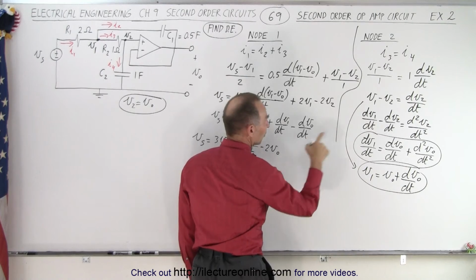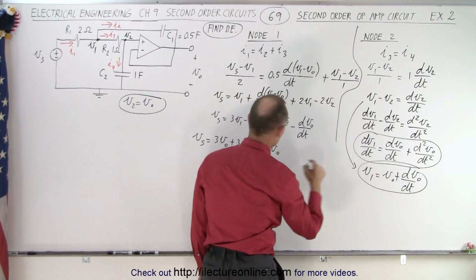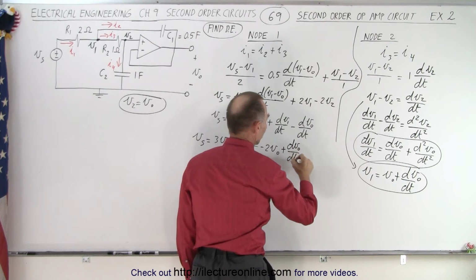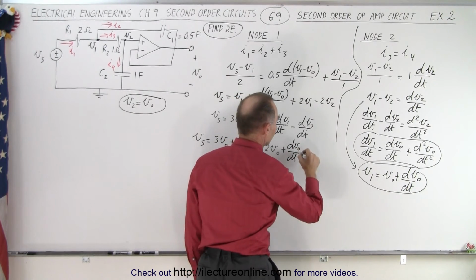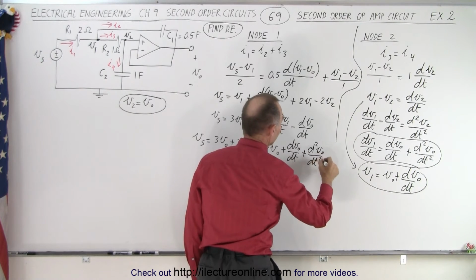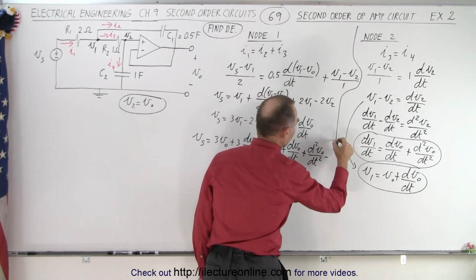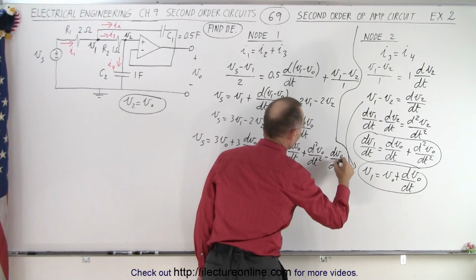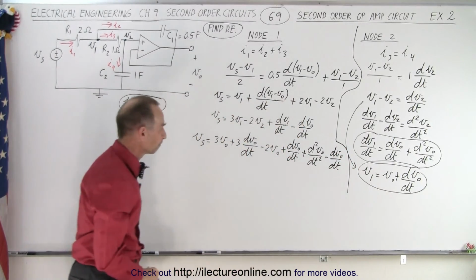So plus the derivative of the output voltage with respect to time, plus the second derivative of the output voltage with respect to time, and minus the derivative of the output voltage with respect to time.